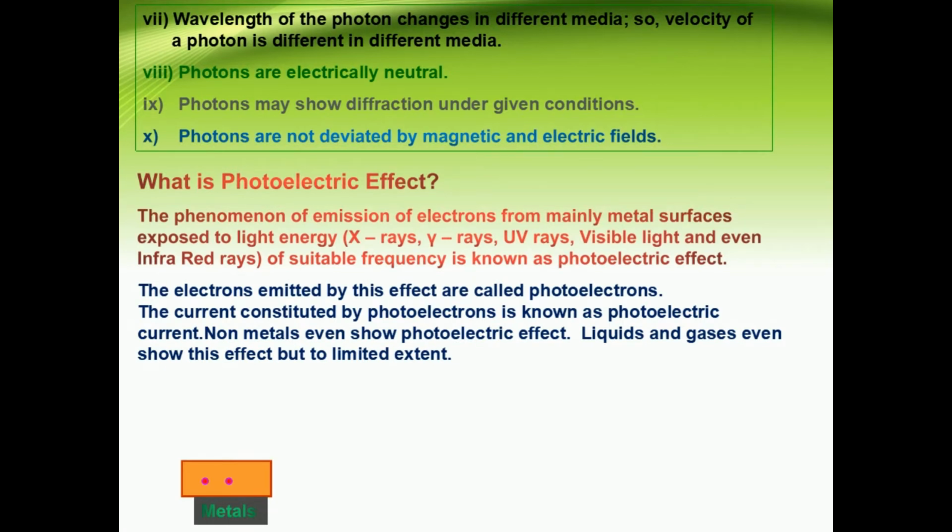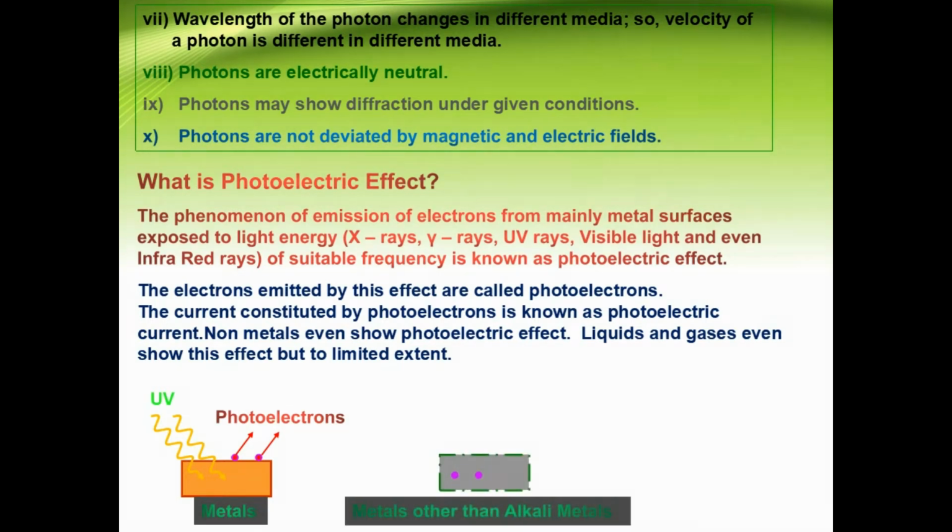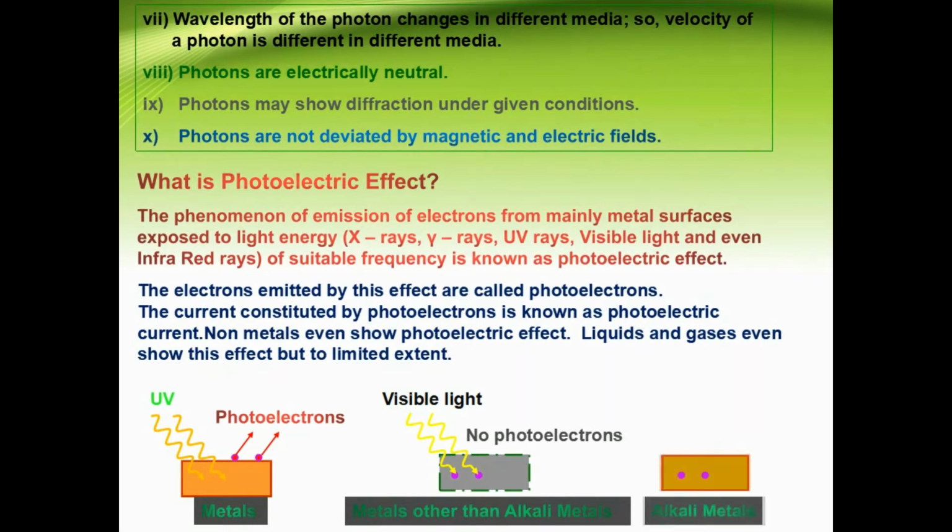Effect of frequency of incident light on photoelectric current can be studied as: for a fixed intensity of incident light, the photoelectric current does not depend on the frequency of incident light, because the photoelectric current simply depends on the number of photoelectrons emitted and in turn on the number of photons incident and not on the energy of photons.